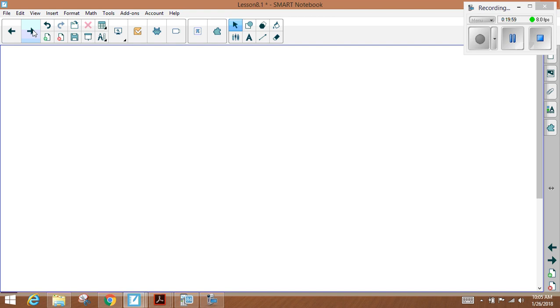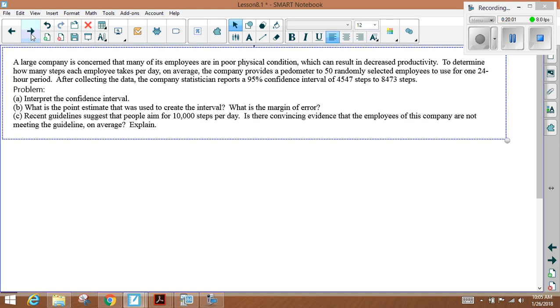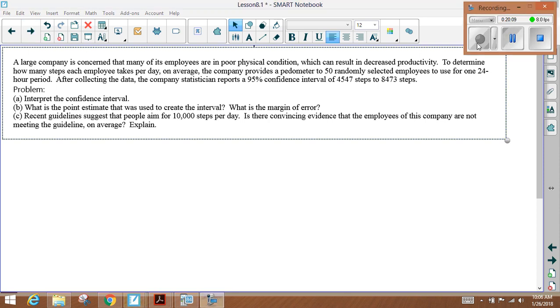Okay, moving right along. I think I have another example here. Yes, I do. A large company is concerned with many of its employees being in poor physical condition, which can result in decreased productivity. If you get sick a lot, you don't get work done. They want to know how many steps each employee takes per day, on average.